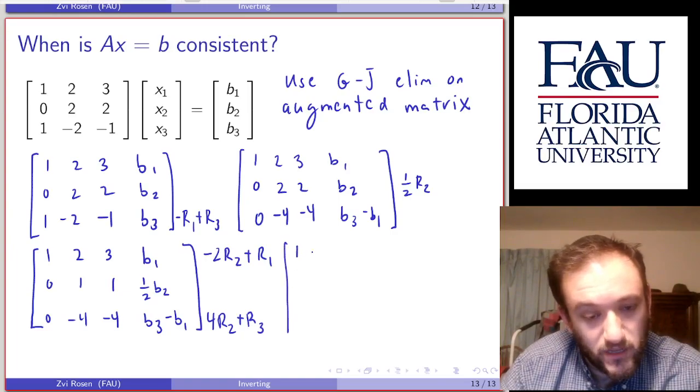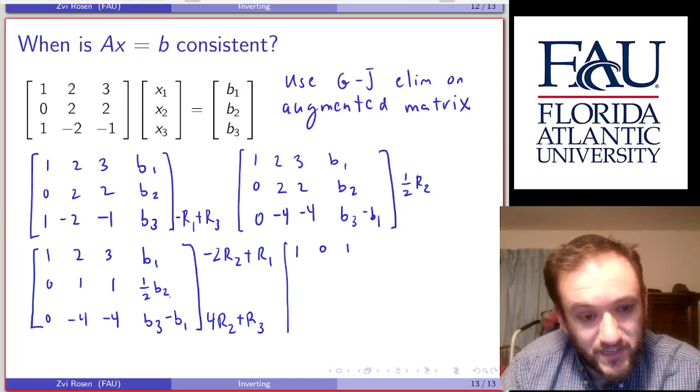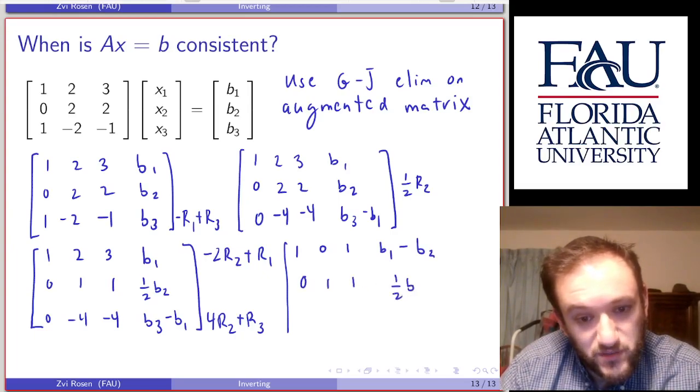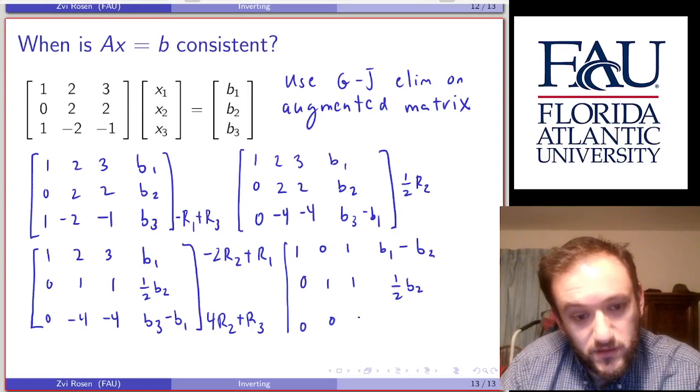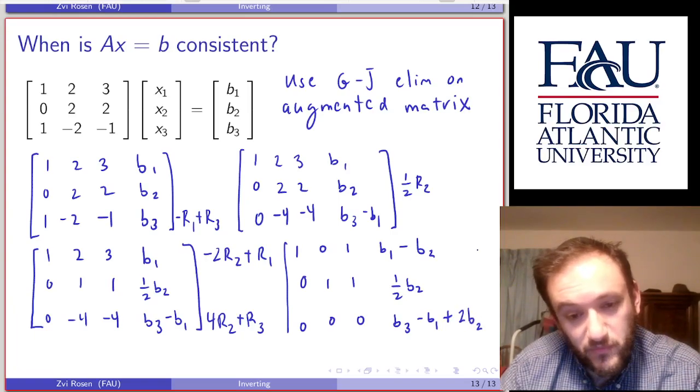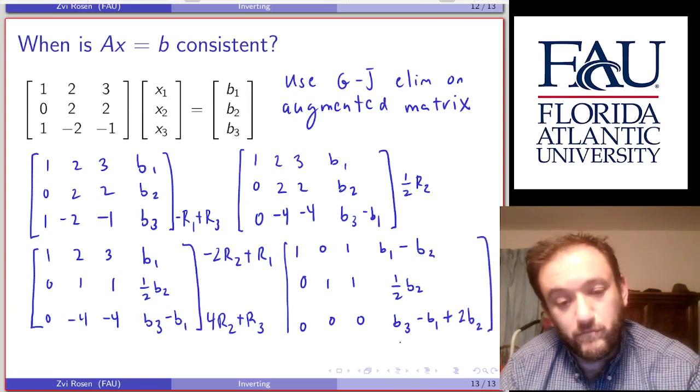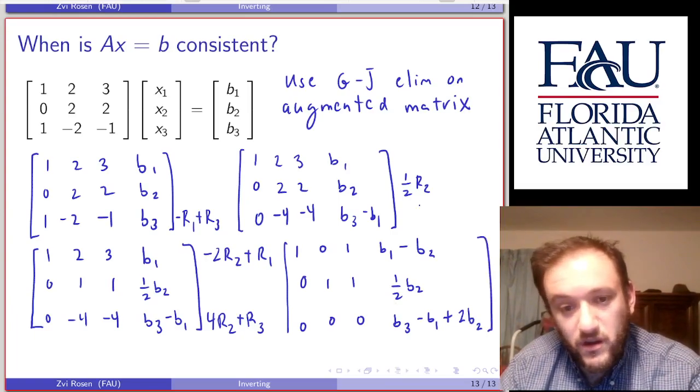Okay, so we get 1, 0, 1, and then minus 2 times 1/2 B2 is minus B2, plus B1 is B1 minus B2, then 0, 1, 1, 1/2 B2, 0, 0, 0, and this is B3 minus B1 plus 2 times B2. Okay, so this is where we arrived at the problems before.